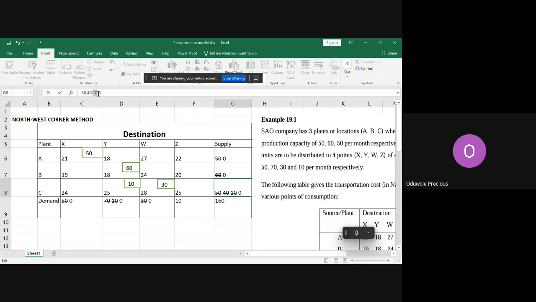So you put the 10 here also. So this one will also turn to 0 since we met the demand.